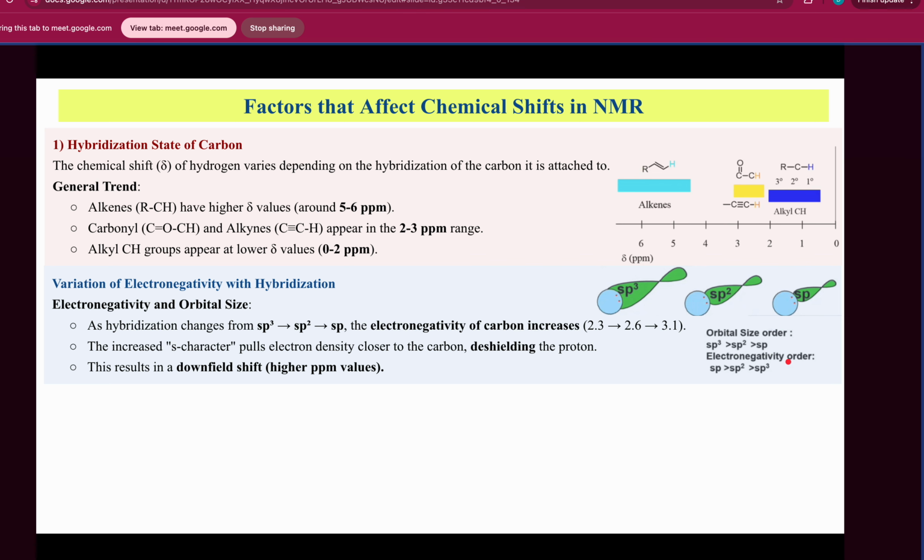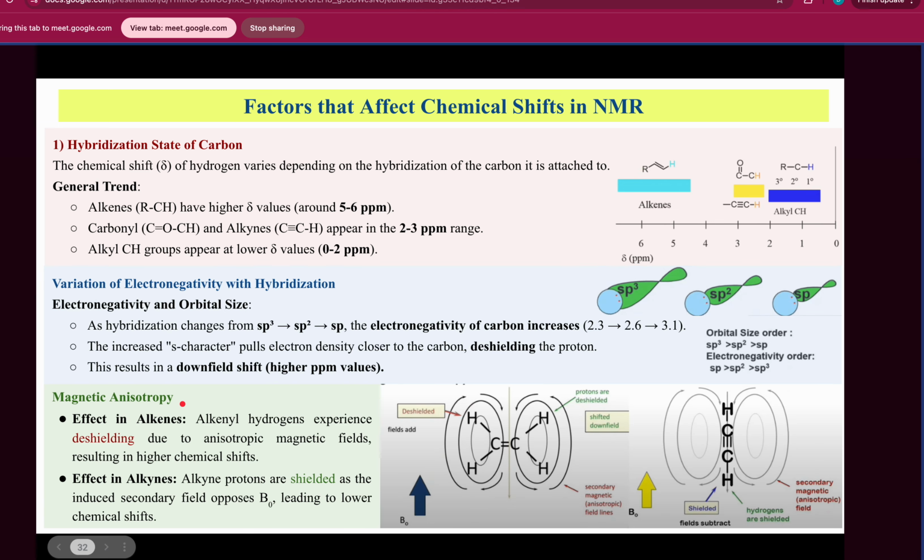But if we talk about electronegativity, this order is reversed, which means if our element is in the sp hybridized state, then it has the highest electronegativity, and the higher the electronegativity, the higher the de-shielding. That means it will move towards the downfield, and the chemical shift value will also increase, so there will be higher ppm values. So this is one of the factors which brings about change in the chemical shift.